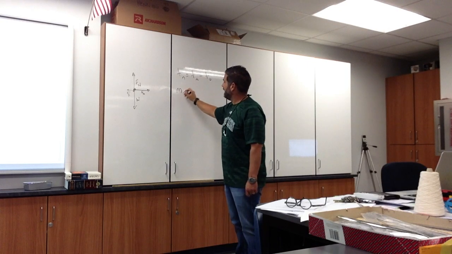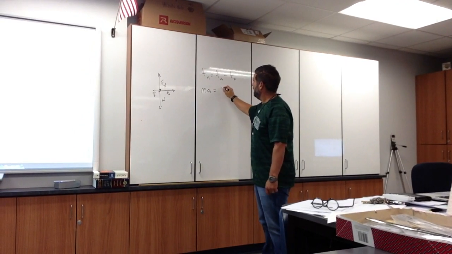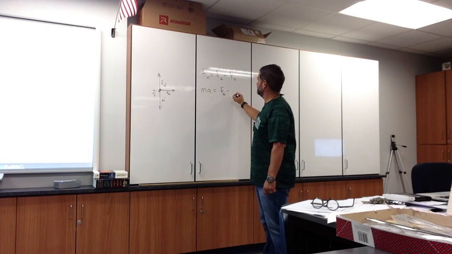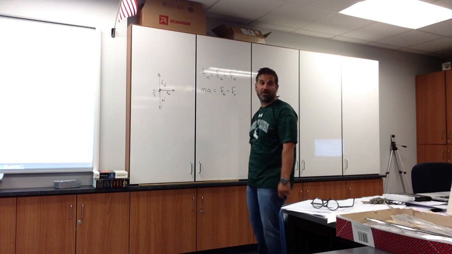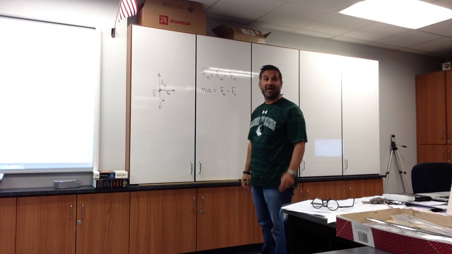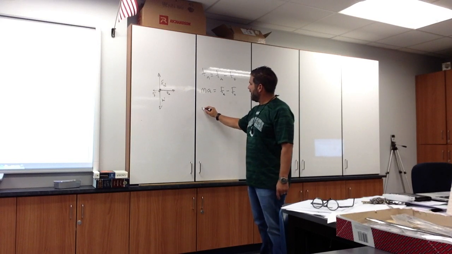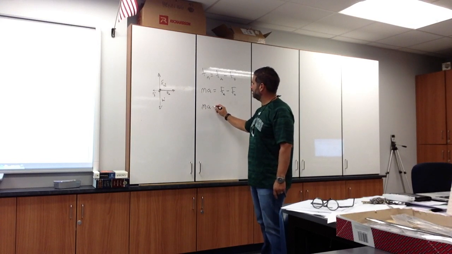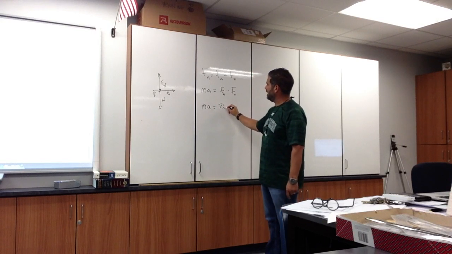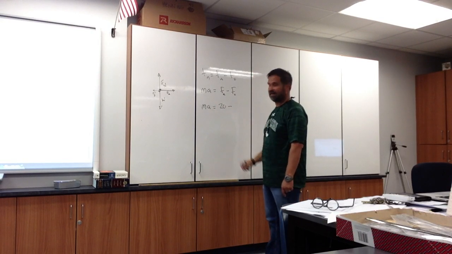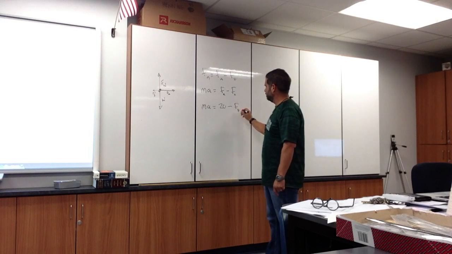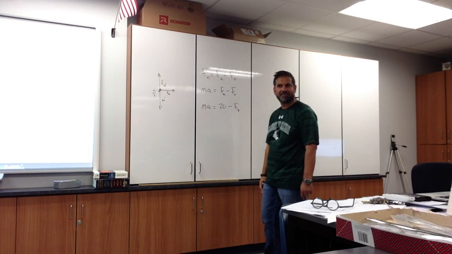So I'm going to write just m times a equals force accelerating minus the forces that are opposing. Now, I'm going to make two more substitutions. Pay attention. So we've got m, which I know, and a, which I know, minus the opposing force, which in this case is friction.